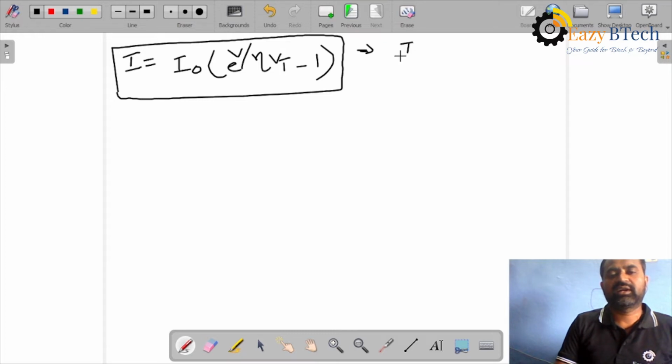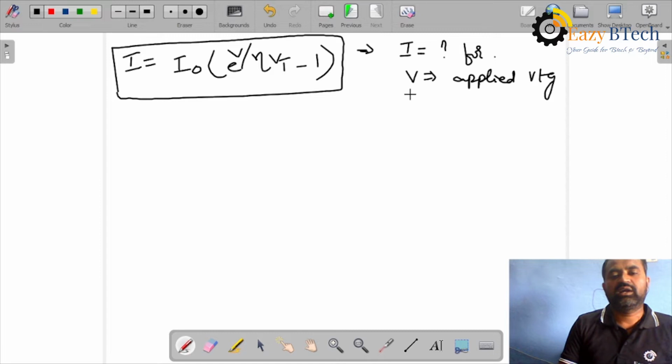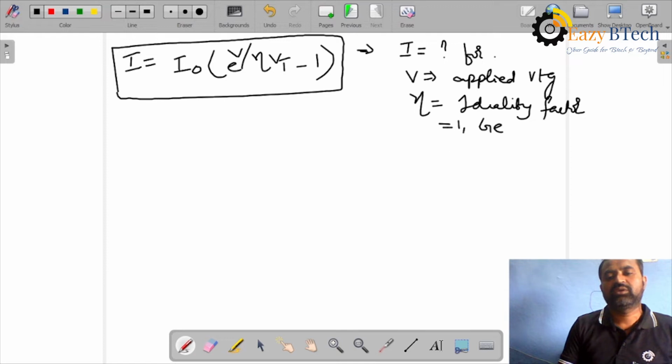You have to find the current I. We know V is the applied voltage, and eta is the ideality factor, that is 1 for germanium and 2 for silicon. And Vt is the thermal voltage, that is 26 millivolts.